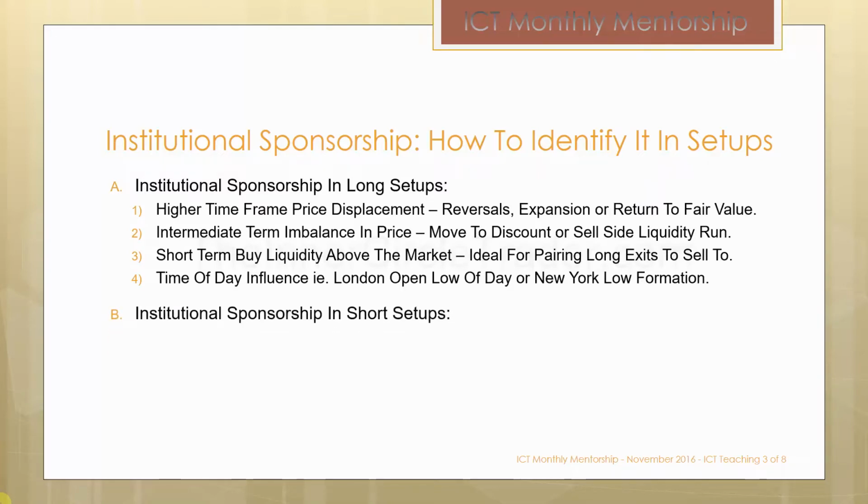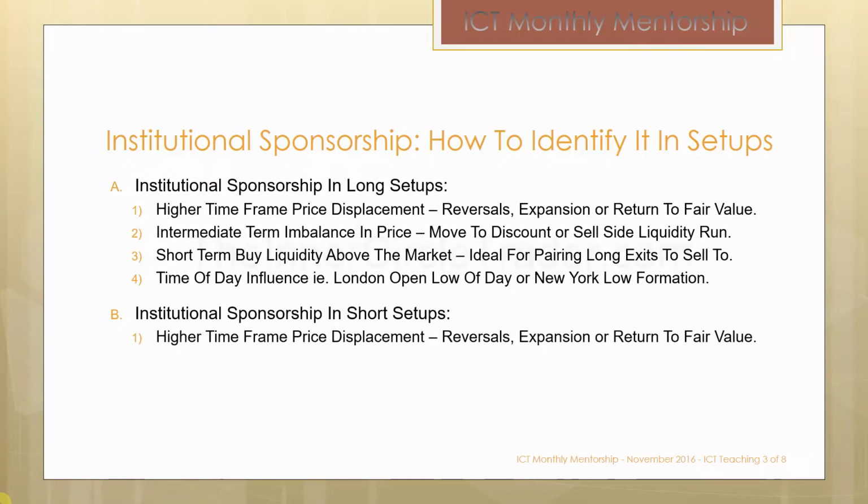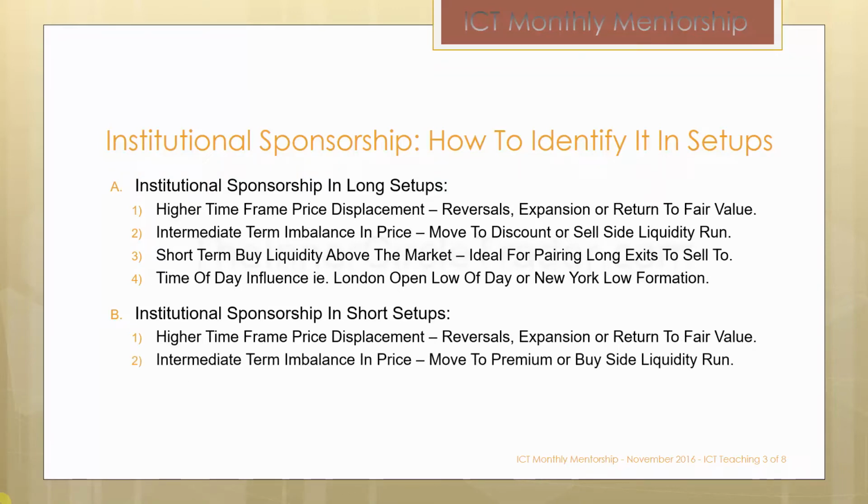And obviously, the opposite would be for institutional sponsorship in short setups. We will be looking for, again, much in the same way we saw for the long setups, it's in reverse, higher time frame price displacement, and that's going to come by way of a reversal or expansion or a return to fair value. And an intermediate term imbalance in price, that's seeing price move to a premium or moving towards the buy side liquidity, make a run on the buy stops.